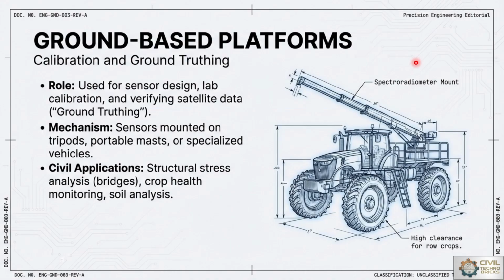Then first, the ground based platform. Here in the ground based platform, we carry out calibration and ground truthing, or we correct the data. Ground platforms include towers, tripods, cranes, vehicles and terrestrial laser scanners positioned close to the earth's surface or ground control points, so that they provide highly detailed data and precise measurements over small areas.